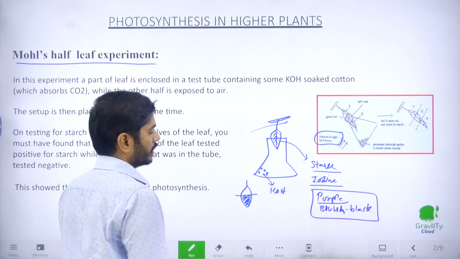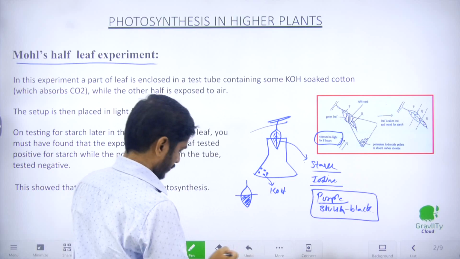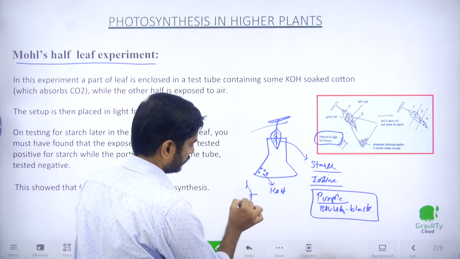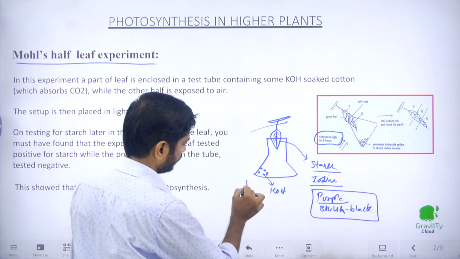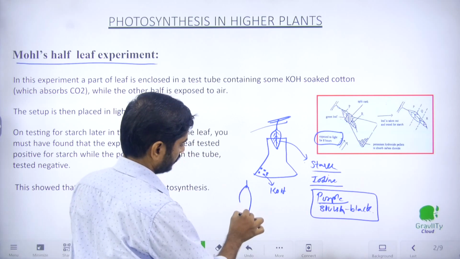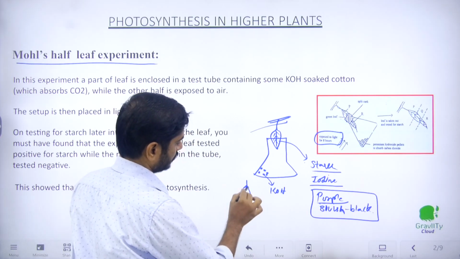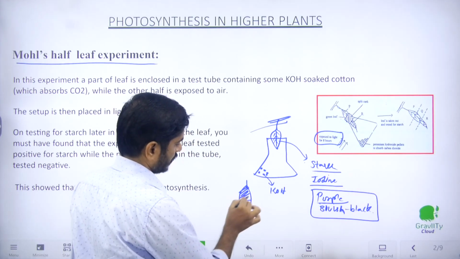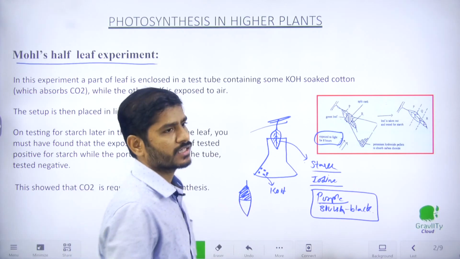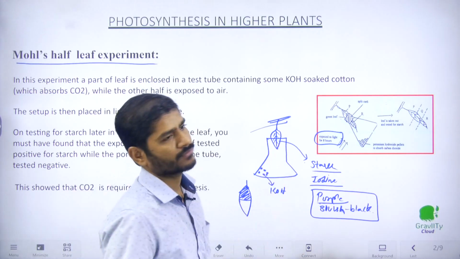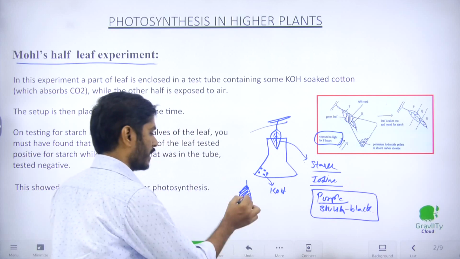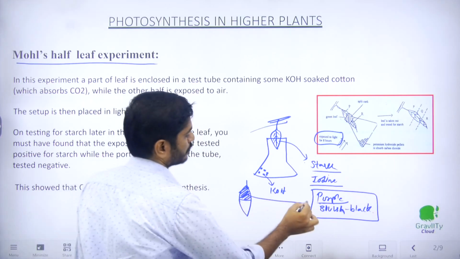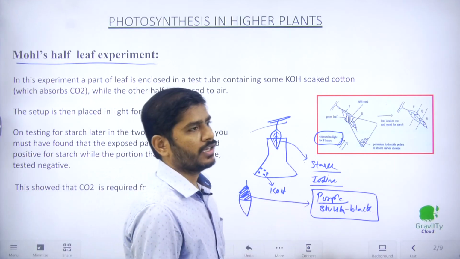Now why? The upper side, which is outside the flask, exactly there it turned into this purple color. Why?